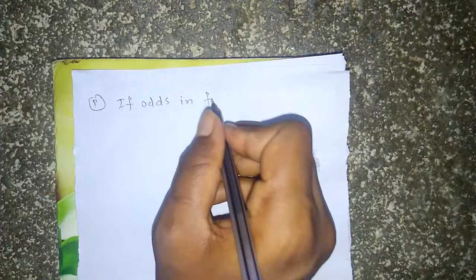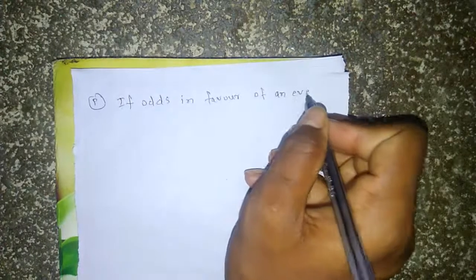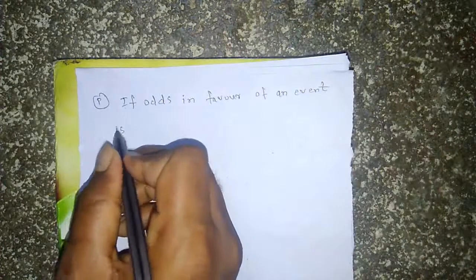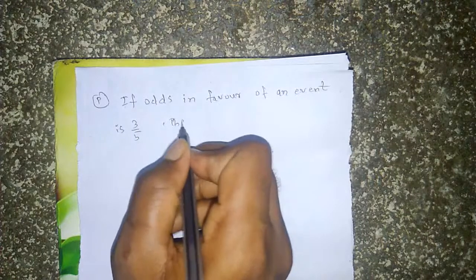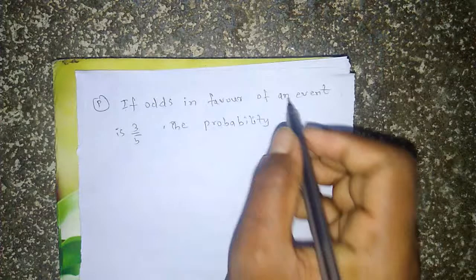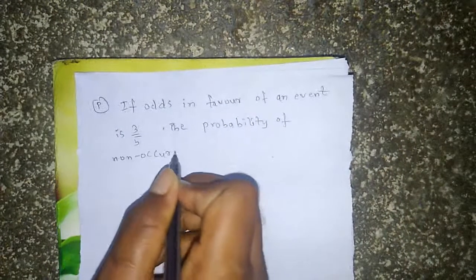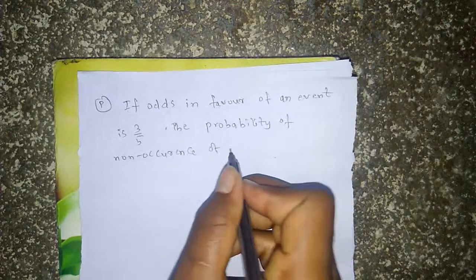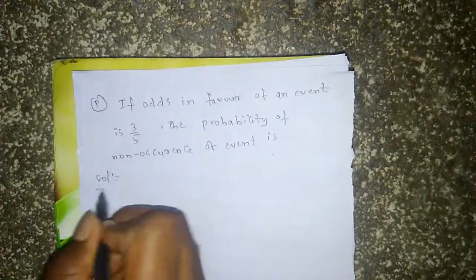Our next problem is, if odds in favor of an event is 3 by 5, then the probability of non-occurrence of the event is. So let A be the event.